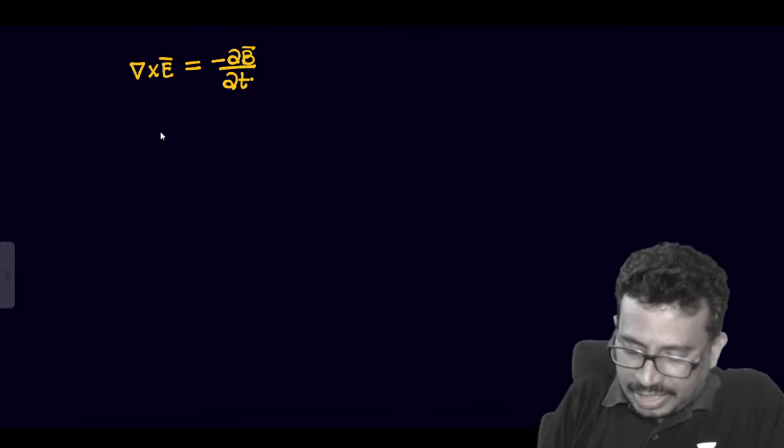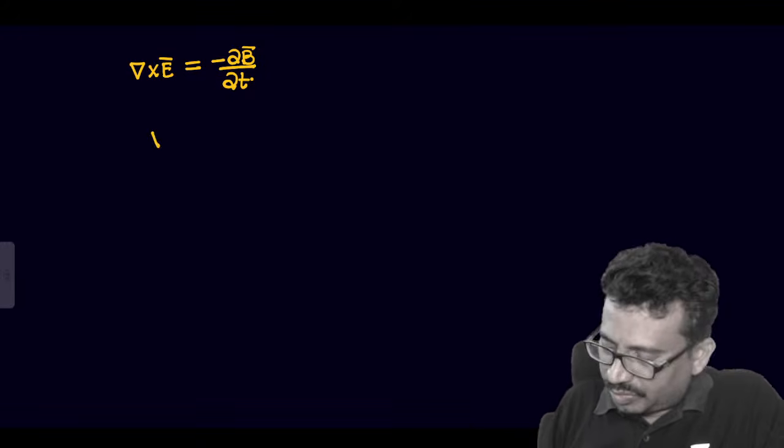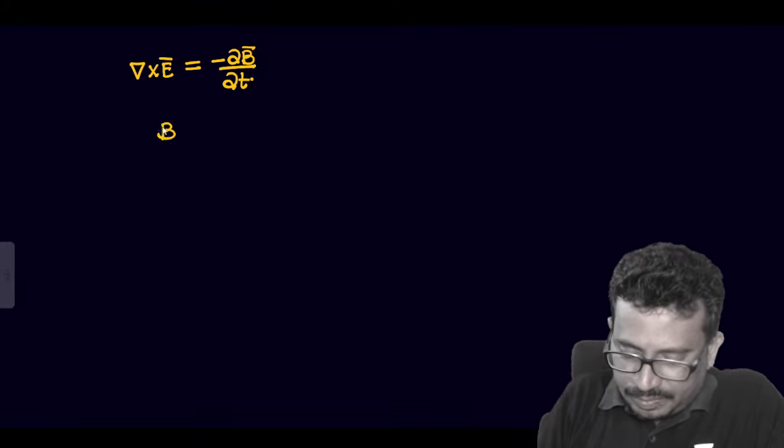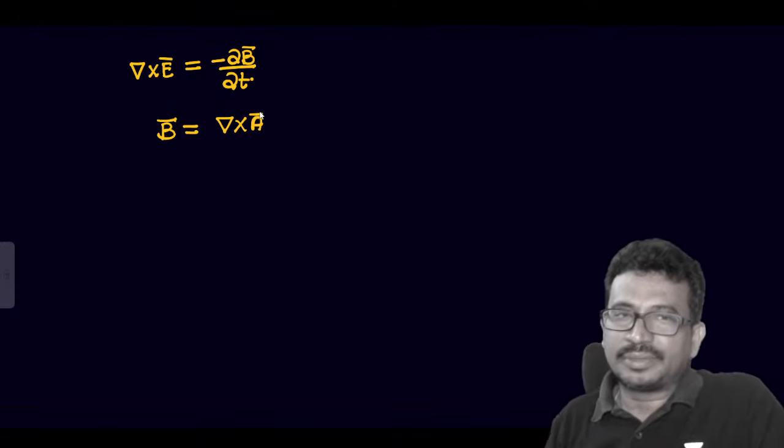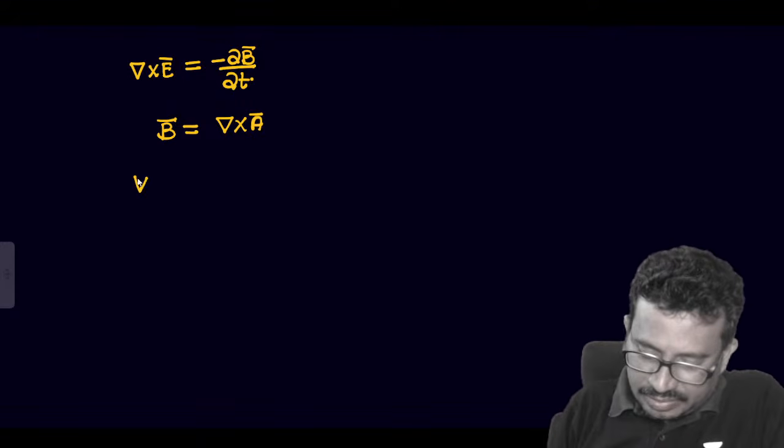And here, as we have seen, B, in terms of magnetic vector potential, we can write as del cross A. We'll place it here.